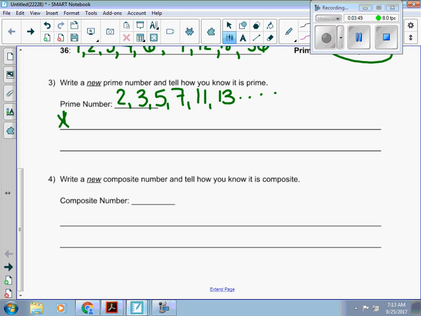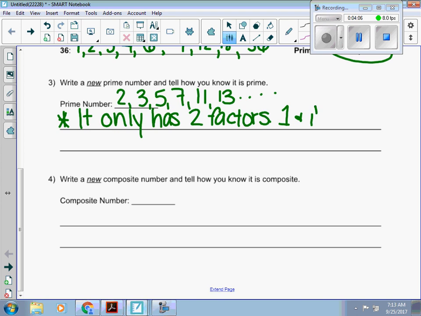The important part is this definition. We know it is a prime number because it only has 2 factors: one and itself. That's how we know that it is prime.